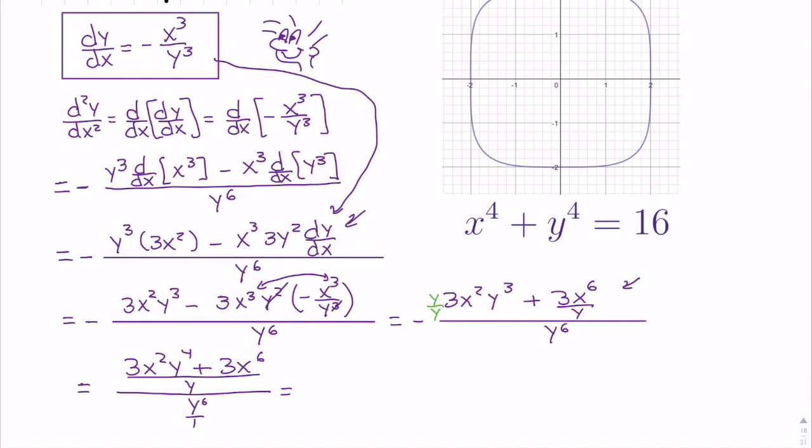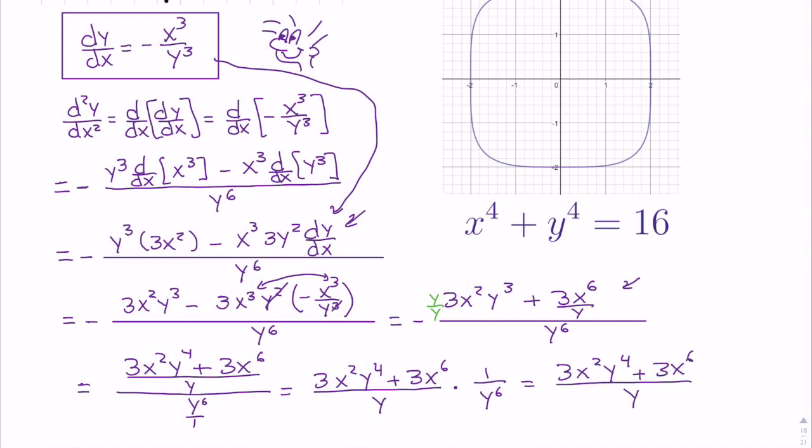And this is just a complex fraction. Keep the numerator, 3x squared y to the 4th power plus 3x to the 6th power over y, and multiply by the reciprocal of the denominator. So we get 3x squared y to the 4th power plus 3x to the 6th power all over y to the 7th power. I'm forgetting the negative sign.